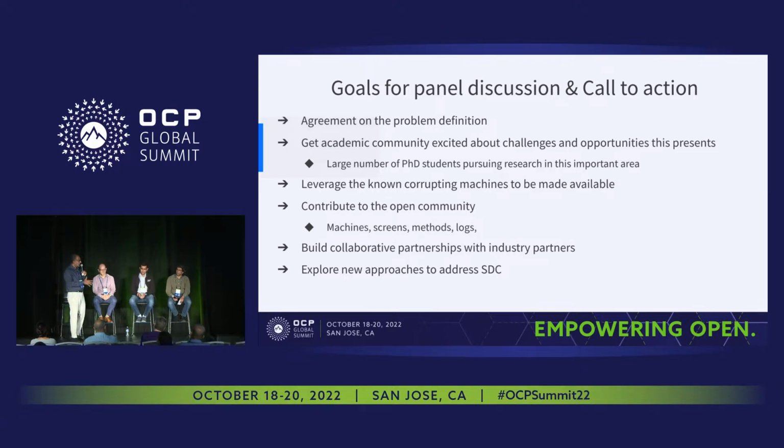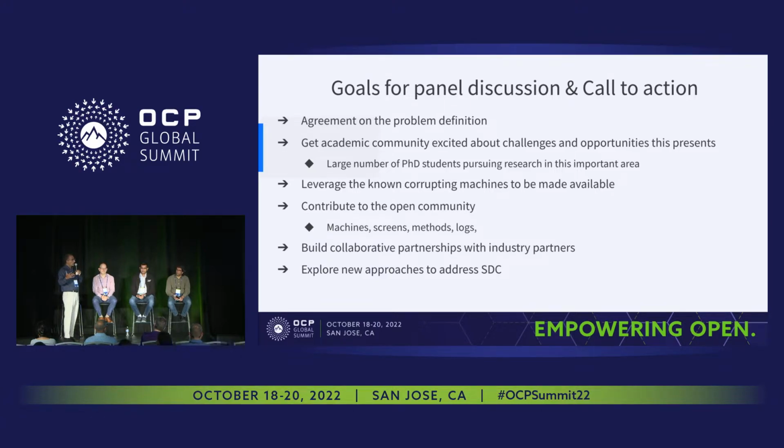One thing the community can do, and I think Intel has done a fantastic job in opening their open DC DIAX suite and making some of the machines available. We should make more of these known bad machines available to the community for research purposes. Let's convert these known bad parts into high-value parts for research.